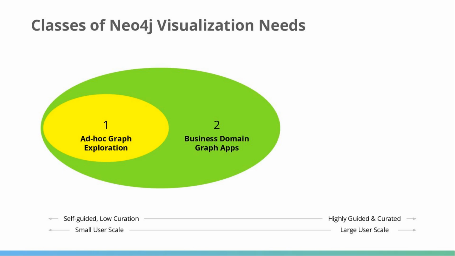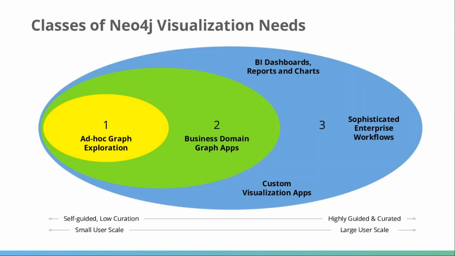And both of these classes deal with graph visualization in its native form, in a graph visual form, so that the nodes and the relationships of the data are very visible to the user, and they have control over exploring that in any kind of way that they want. And so it might be less curated or more curated, but still the idea is to look at the data in a graph form.